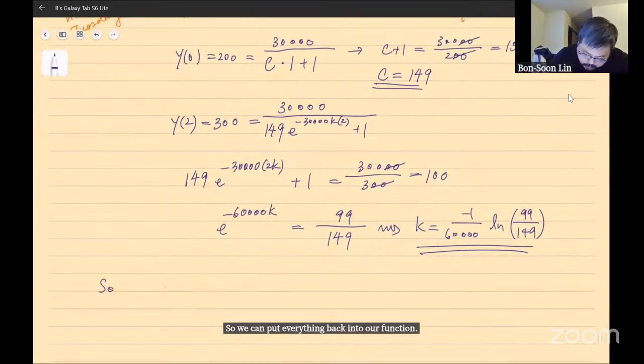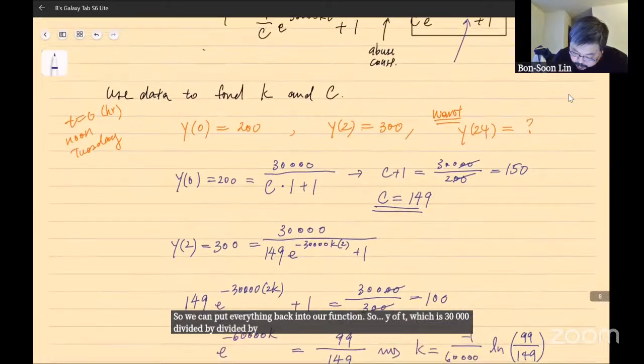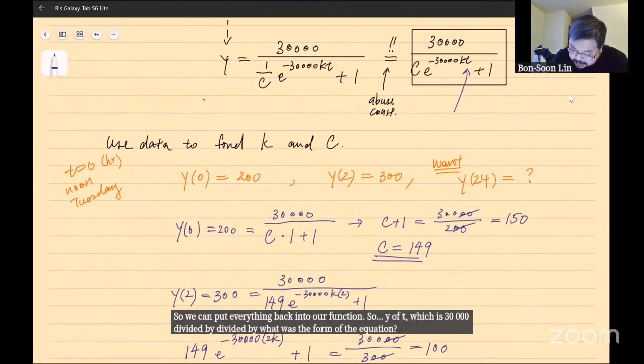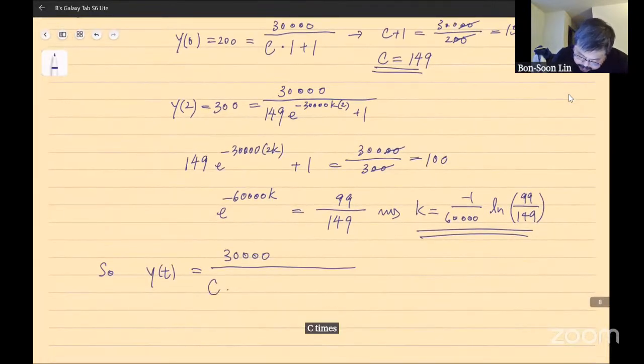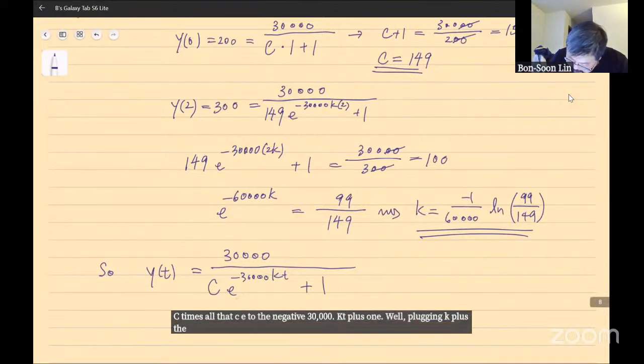So y of t, which is 30,000, divided by, what was the form of the equation? C times all that, C e to the negative 30,000 kt plus 1. Well, plugging in k, the 60,000 and the 30,000 cancel, the negative sign cancels.